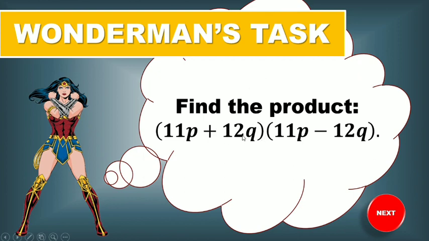As you can see on the screen, they have the same number of terms, 1, 2, 1, 2, and they also have the same terms, 11p, 11p, 12q, 12q, and the only difference is that this is plus and this is minus. So there's a special product for this, and answering this is very easy.